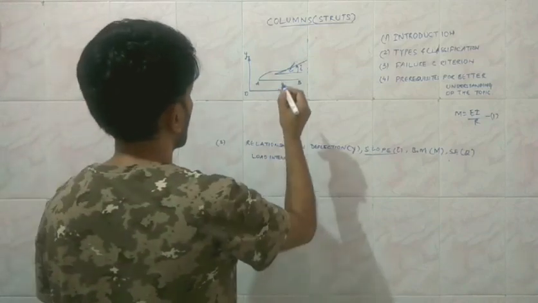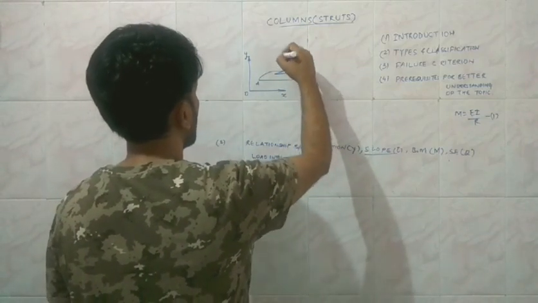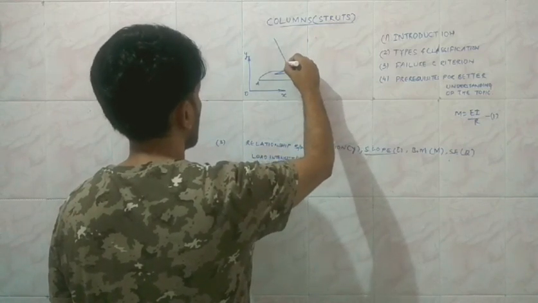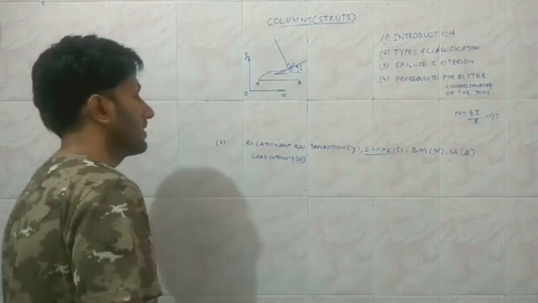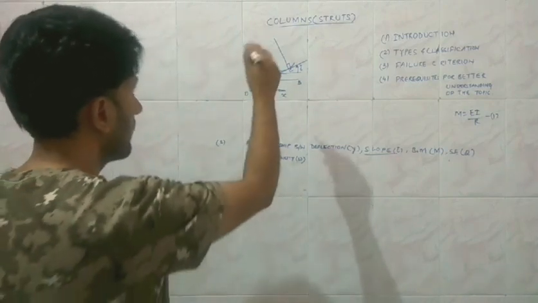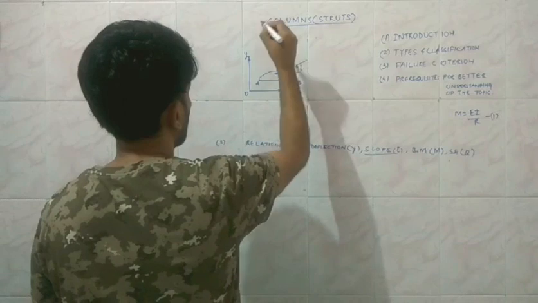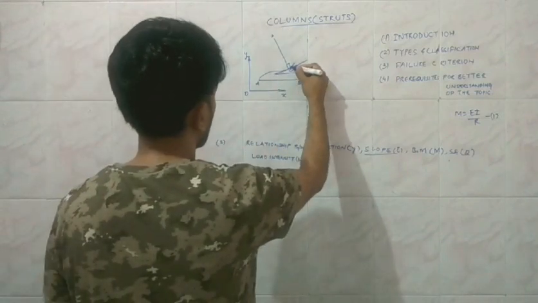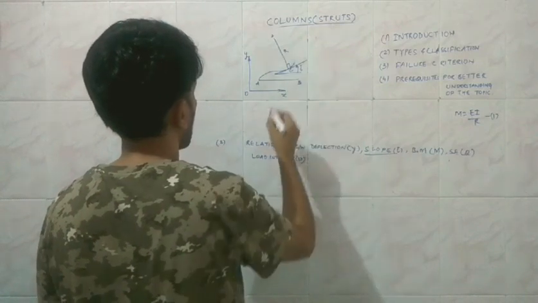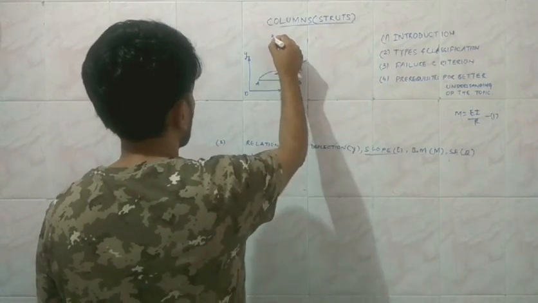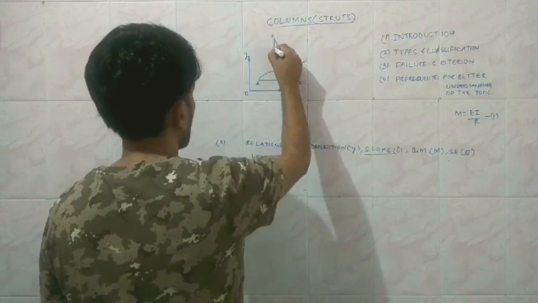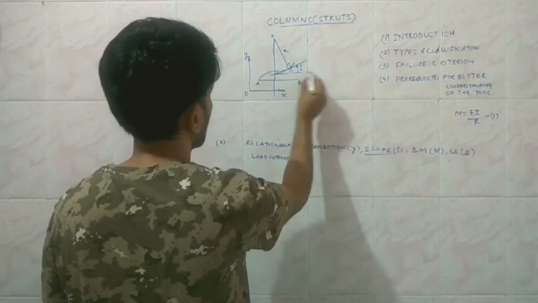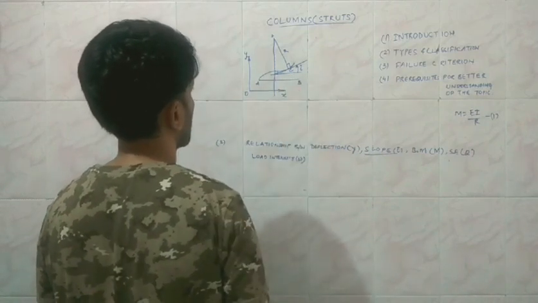If we draw the normal at this point, we know that the normal at the point of tangency is going to pass through the center. Say this is the center for the instant radius of curvature of this deformed beam at C, so this is your R. Now if I draw a line perpendicular to the horizontal x-axis, then this is perpendicular to this line because this line is parallel to your x-axis.